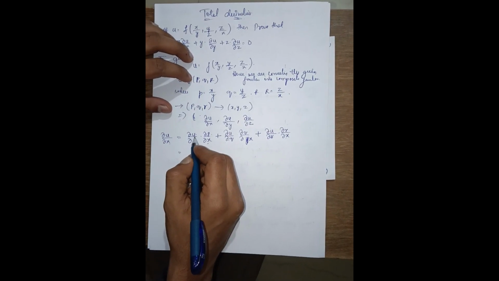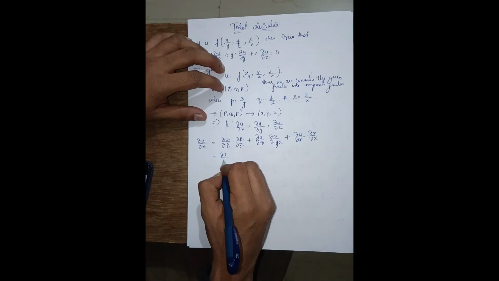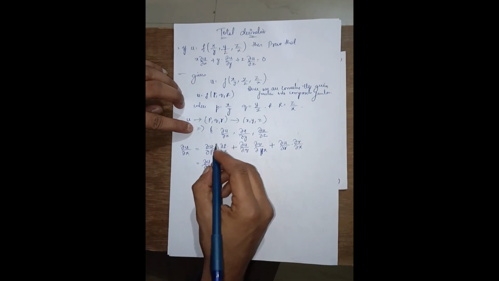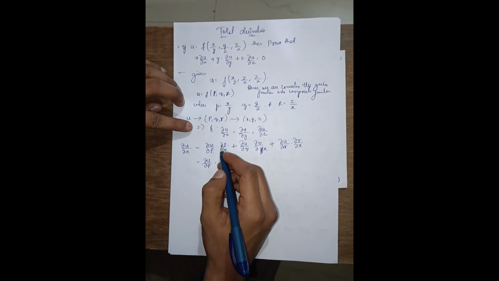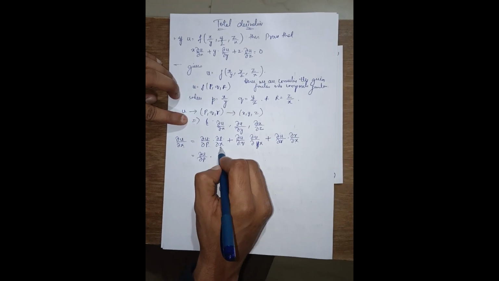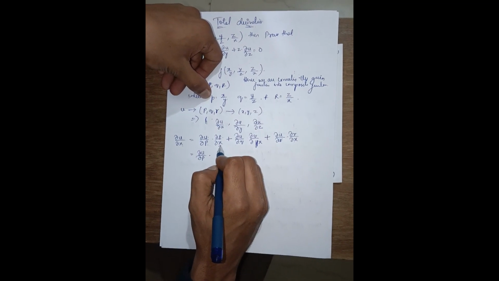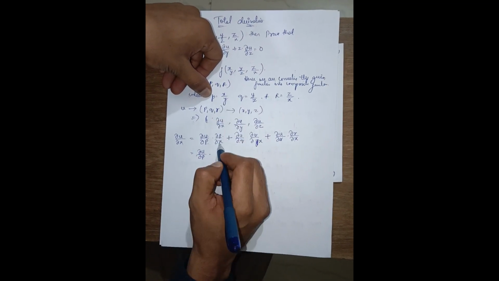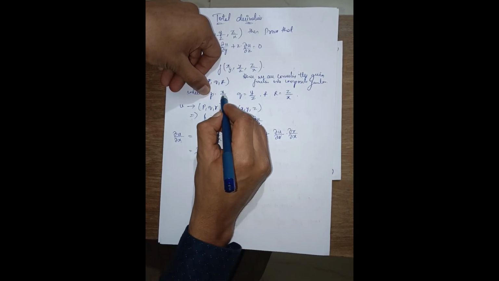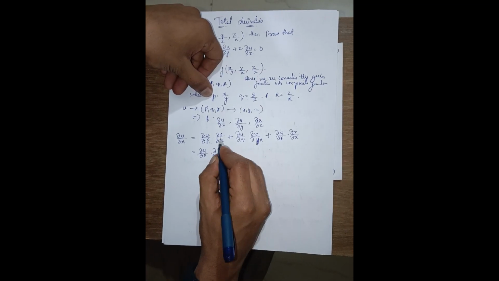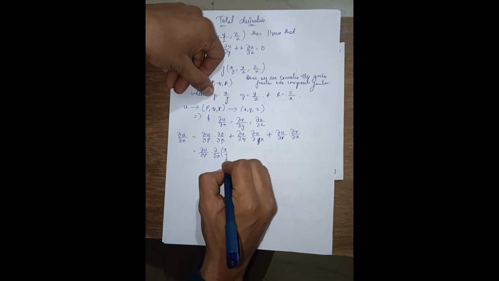Now dou u by dou p we keep as it is, but dou p by dou x, we should differentiate this p with respect to x. What is p? x by y.